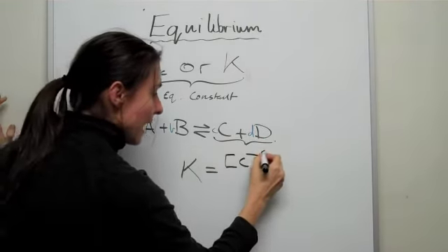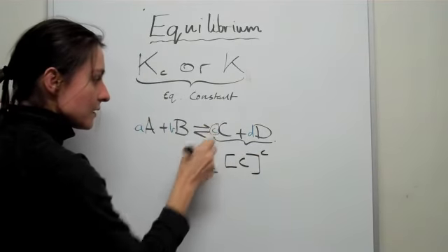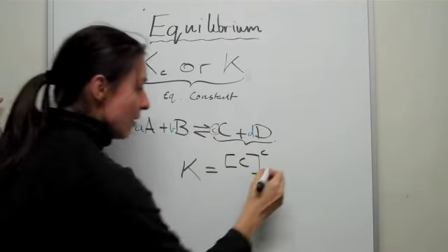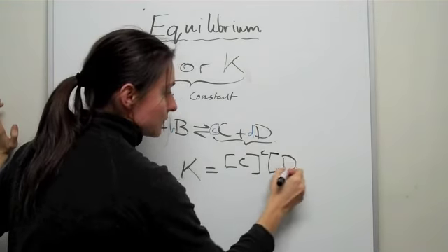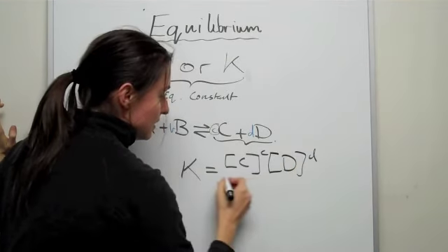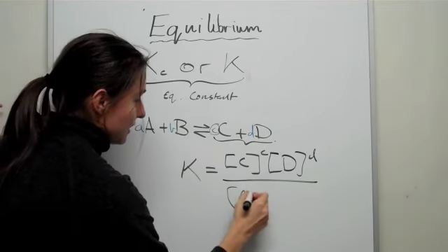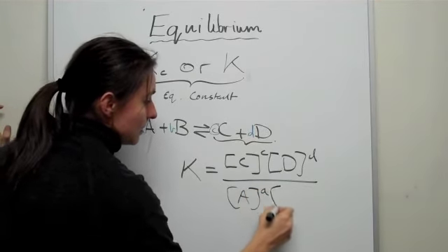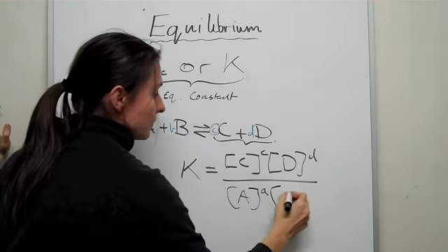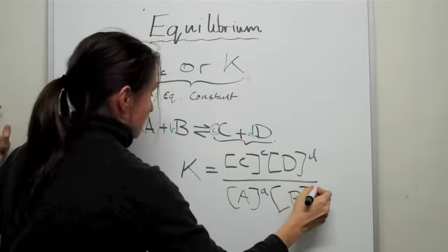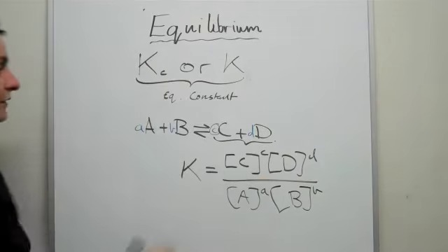Concentration of C to the power of c, because that's that number there we place to the power, concentration of D to the power of d, divided by the concentration of A to the power of a, times the concentration of B to the power of little b.